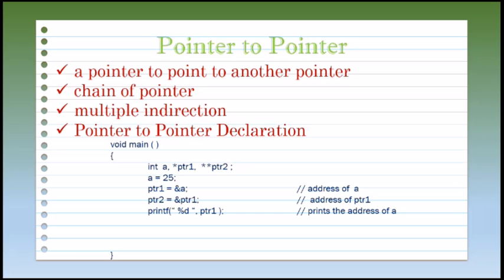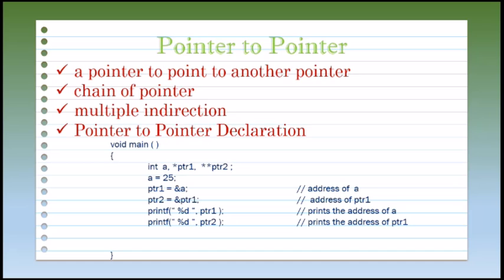In the next line, we are trying to print the value stored in ptr1. When you write a pointer variable without any operator, here we are printing ptr1, it will print the address stored in that variable. ptr1 is basically holding the address of a, so this line prints the address of a.